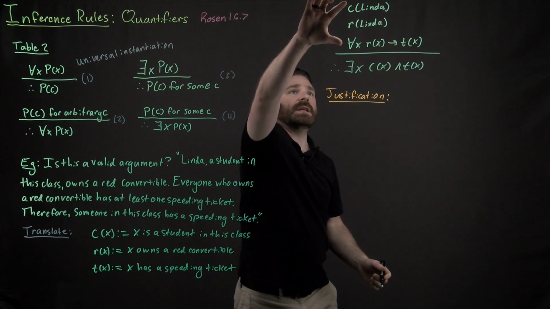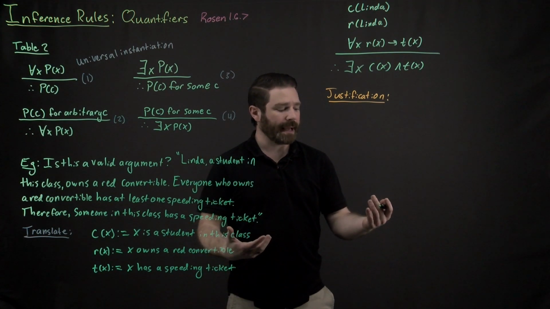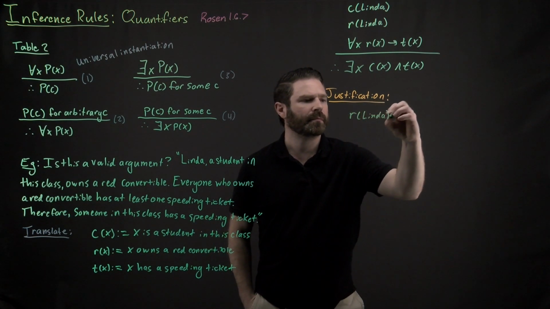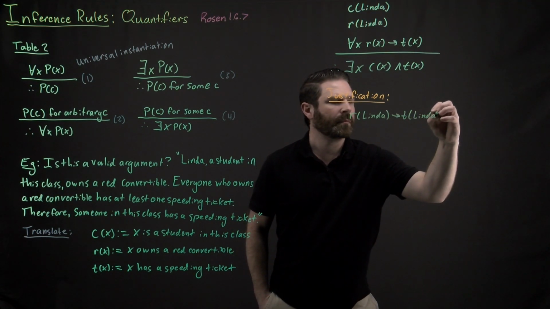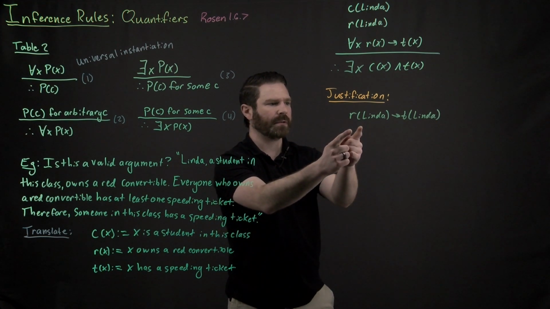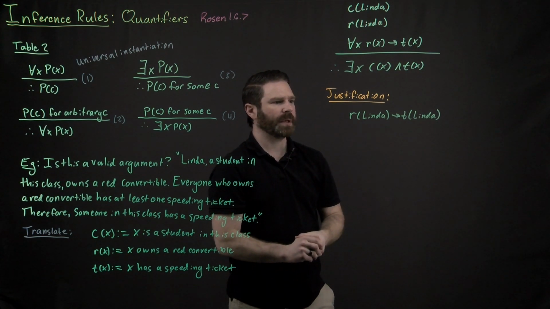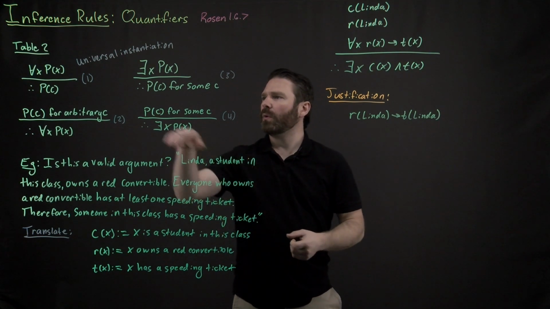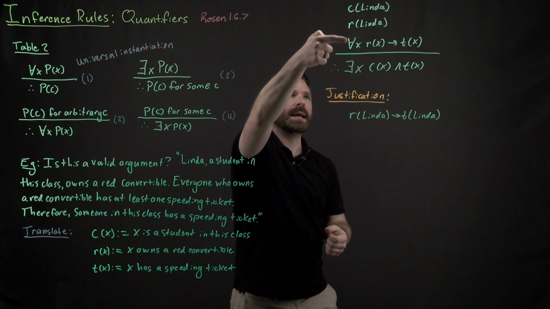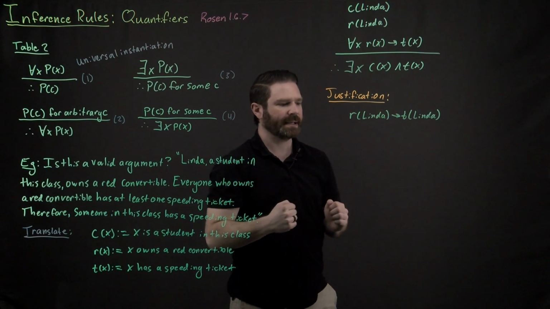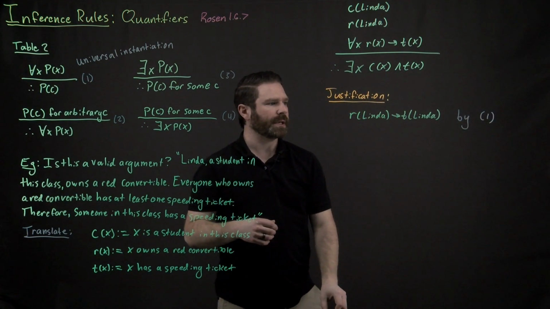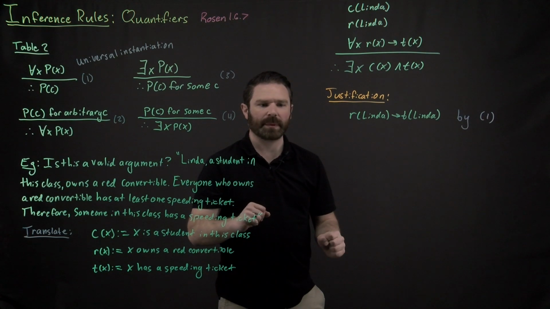So I can say R of Linda implies T of Linda. If Linda has a red convertible, then she has at least one speeding ticket. And how can I justify this? Well, this hypothesis says the statement is true for all x. Linda is a particular x, so I can stick that in, and I justify this by universal instantiation from the hypothesis. Great. So that's my first step in my justification.